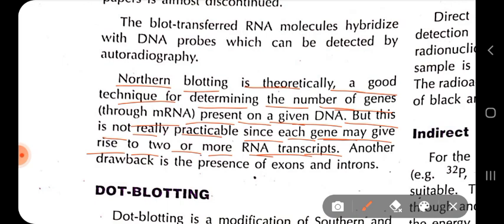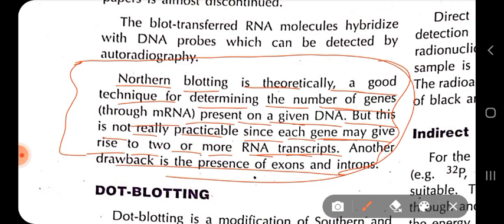That's why our functional gene is very few. 95% of our DNA is junk, whereas 5% of our DNA is functional to give rise to a protein or enzyme. When they are transcribed, that RNA molecule is shuffled. Exon shuffling is done in various combinations to give rise to various RNA transcripts that will ultimately give different protein or enzyme products. So this is a problem in this technique.